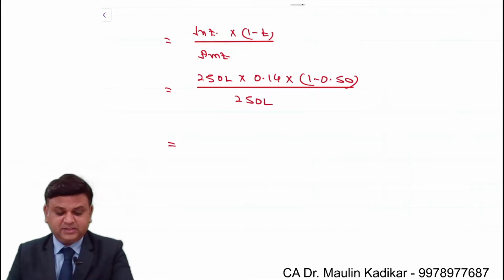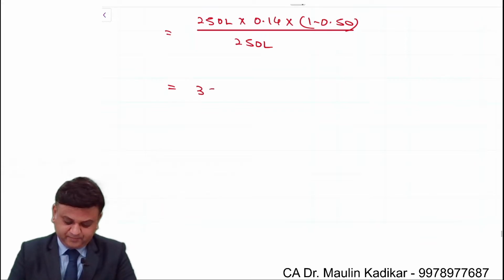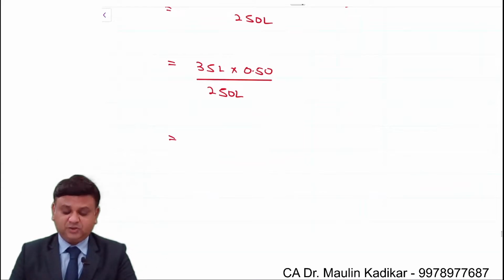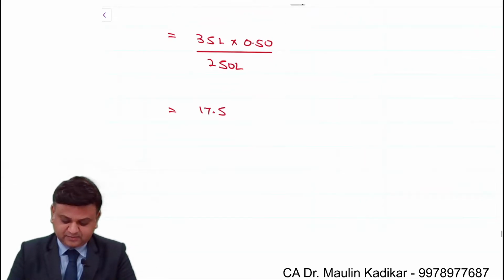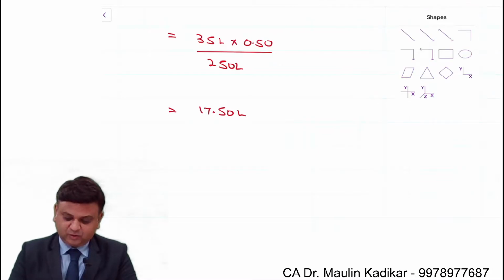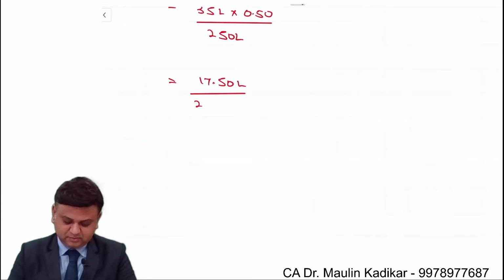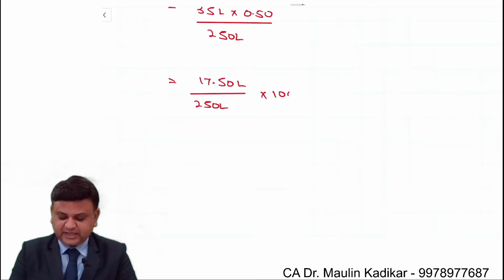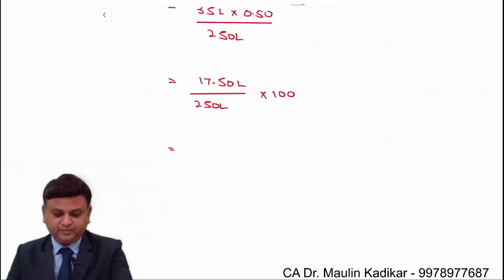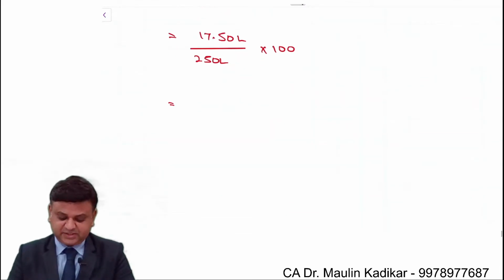So 250 lakhs into 0.14 comes to 35 lakhs, into 0.5 divided by 250 lakhs. So 35 lakhs into 0.5 is 17.5 lakhs divided by 250 lakhs, into 100 for getting the answer in percentage. So 17.5 upon 250 into 100 is 7%.